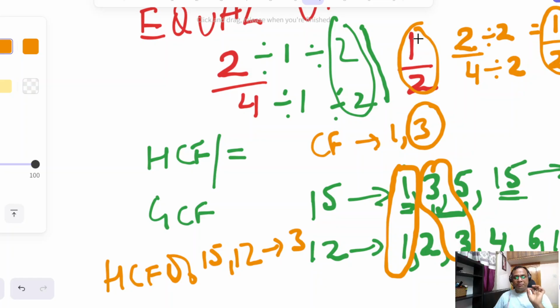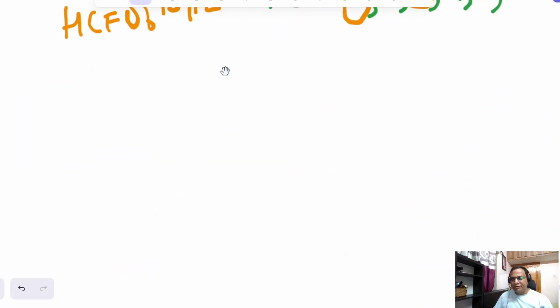To figure out whether any two fractions are equivalent, we have to reduce them to the lowest term. Otherwise, we cannot figure it out. This is one way. Or else you can do one more thing, if we don't want to reduce to the lowest term.